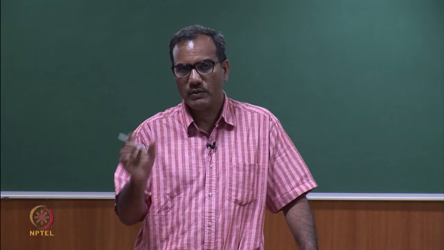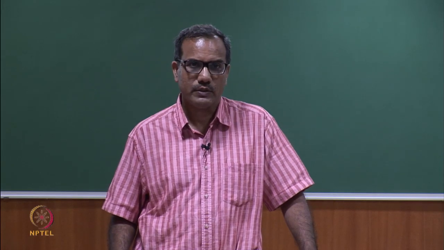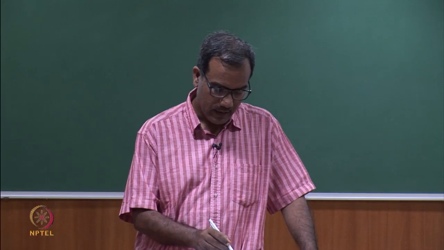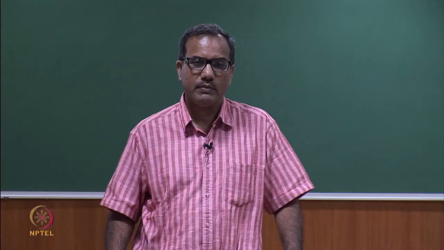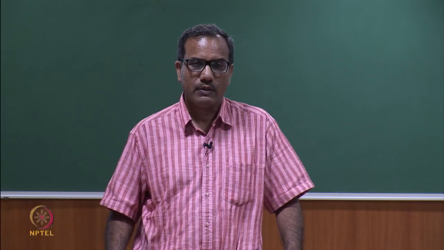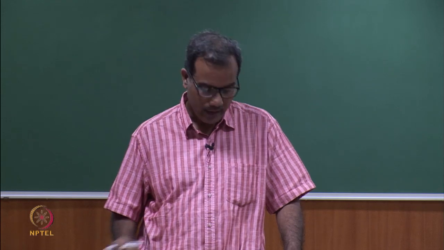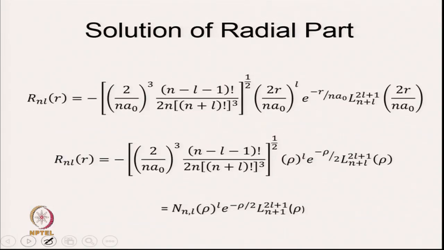So, one general equation for the solution, and since the solution depends on the L value and n value, the general solution will have terms corresponding to n and L. So, let us see what the solution is.